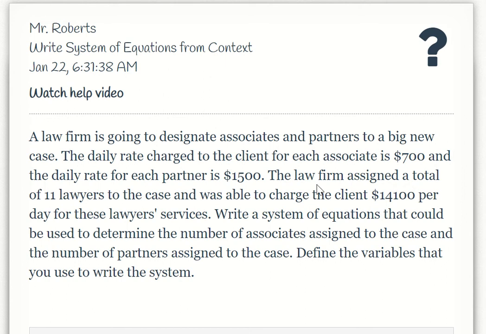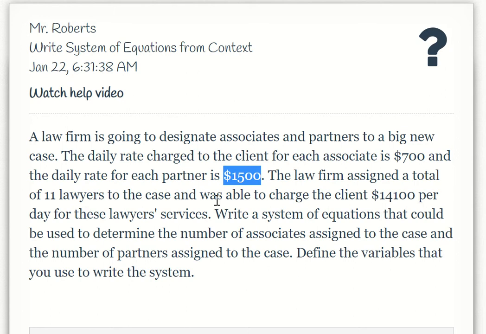So if you're a client and we assign an associate to work on your case, so you've hired the law firm, you're the client, and you're going to need both some partners and associate lawyers to work on the case. They charge $700 for each associate that's working on the case, and the daily rate for each partner is $1,500. The law firm assigned a total of 11 lawyers to the case.